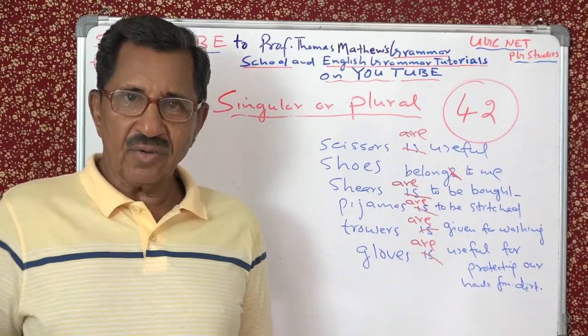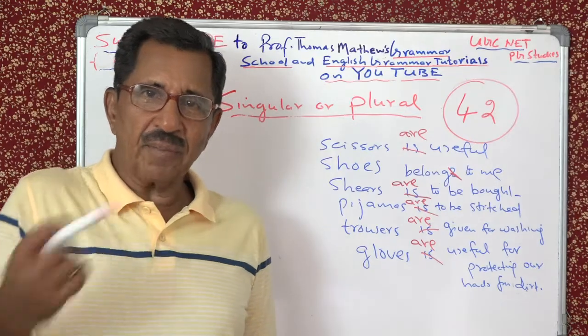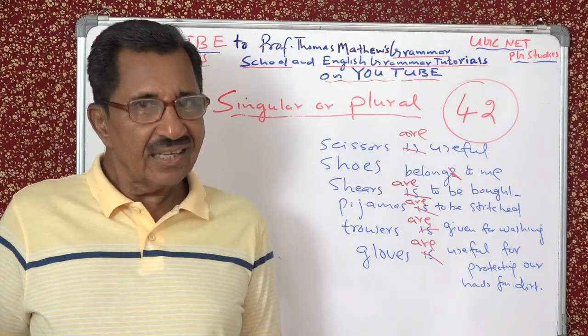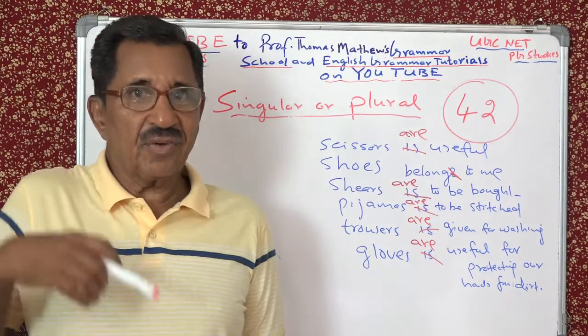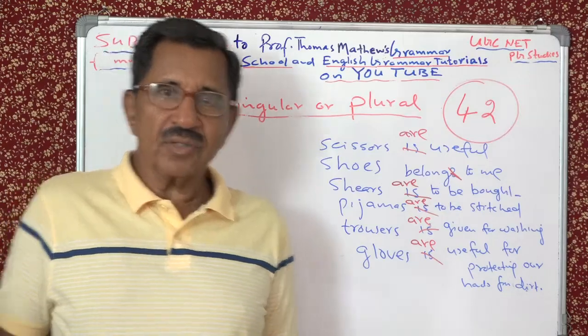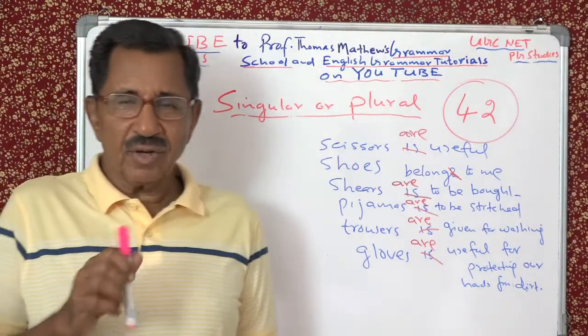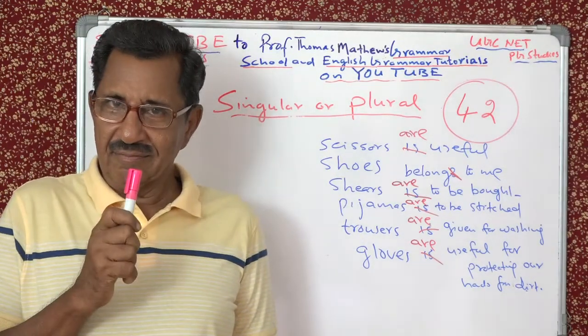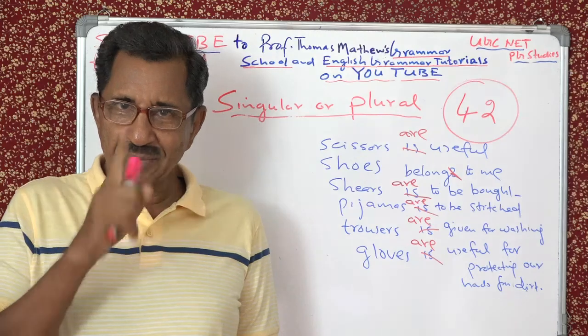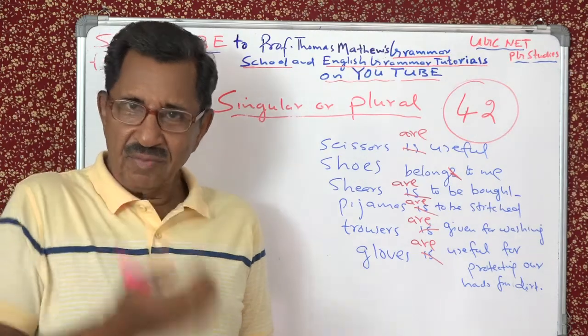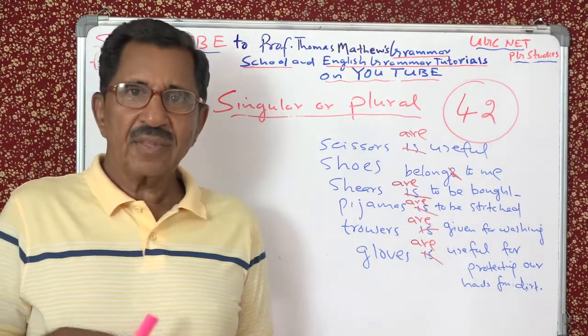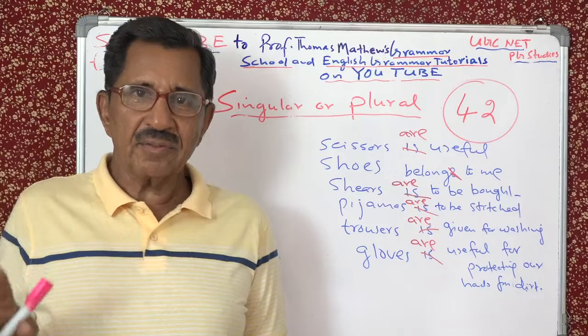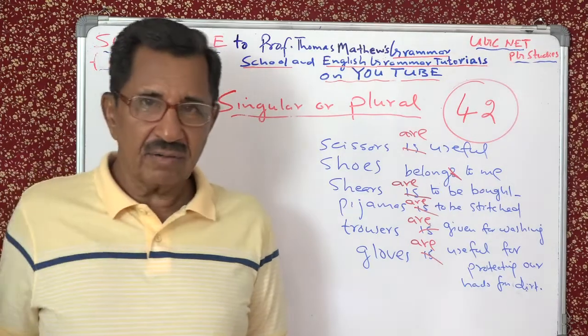Understand? So, when these are used with a pair of, then singular. And if you are not using a pair of, because when you are saying a pair of, you are thinking about only one. Okay, two parts but one unit. But if the pair of is taken away, then it becomes plural, many, more than one.